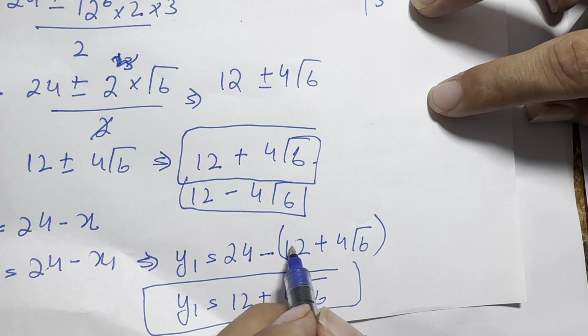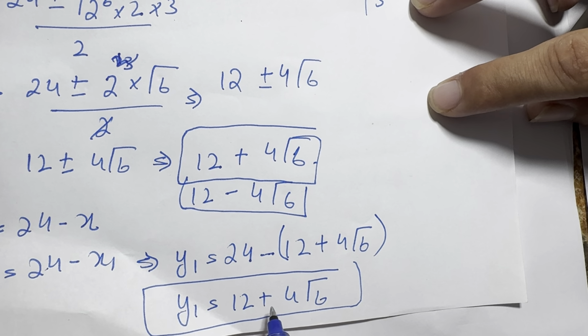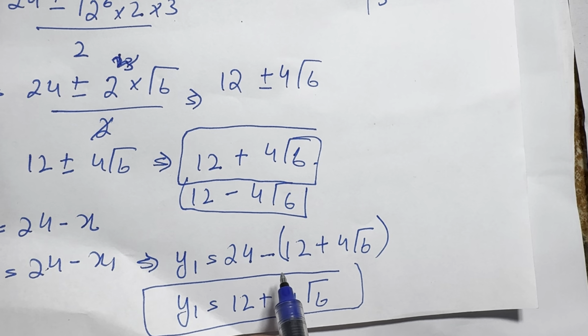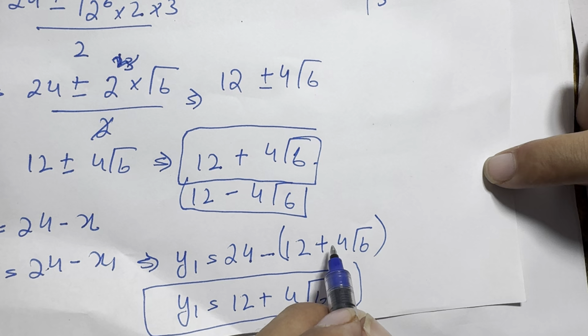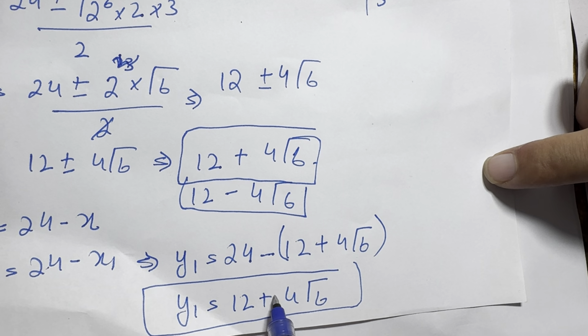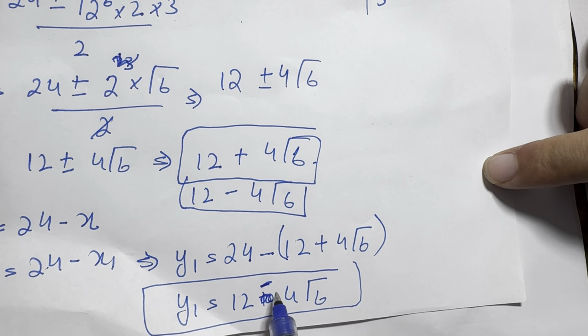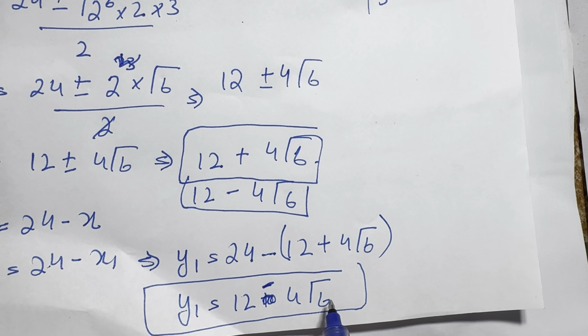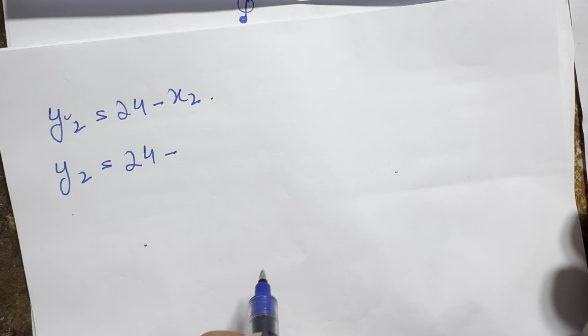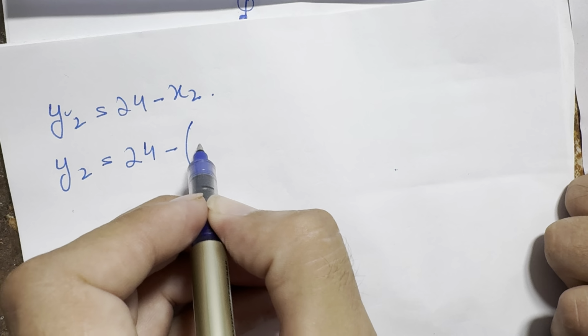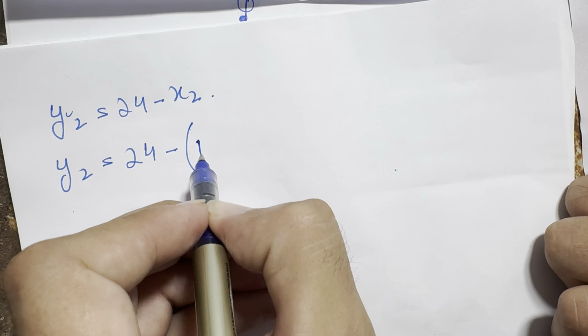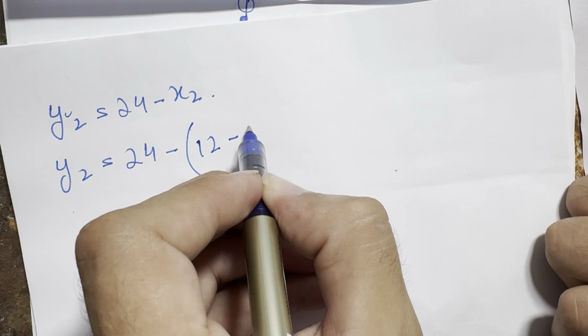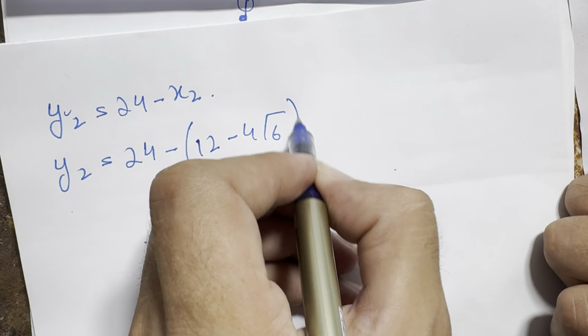So if I multiply the negative sign, minus 12 will become negative 12, and the other also becomes negative.